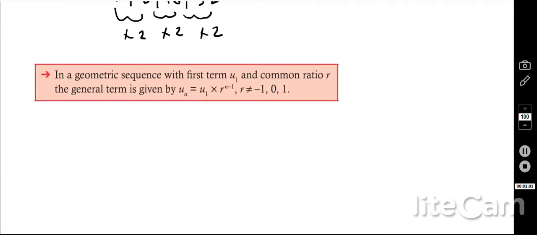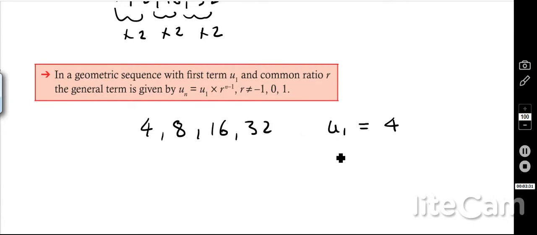And as before, there's a simple rule for finding the nth term of a geometric sequence, and it's this one here. So u_n, the nth term, is the first term times the common ratio to the power n minus 1. As an example, for my sequence 4, 8, 16, 32, my first term is 4 and r, the common ratio, is 2.